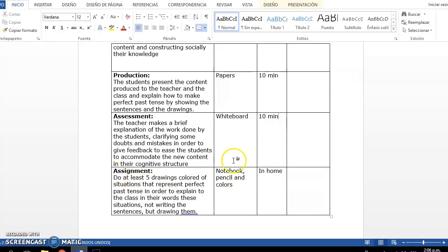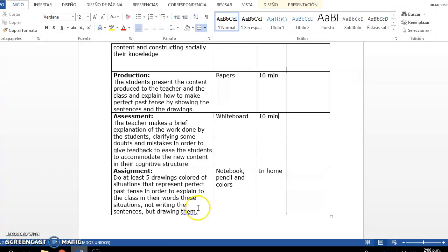The final assignment, done at home, is to make at least 5 colored drawings of situations that represent perfect past tense, in order to explain them to the class, not writing the sentences but only drawing them.